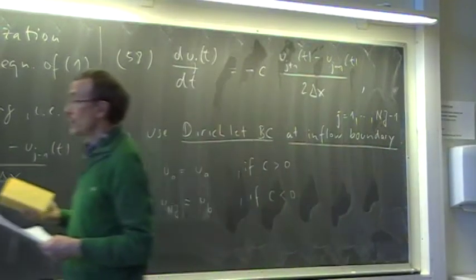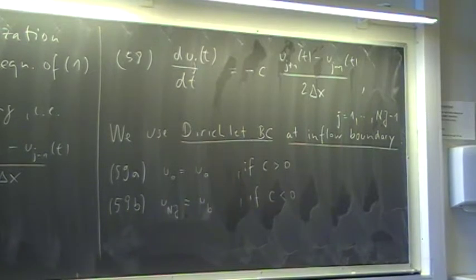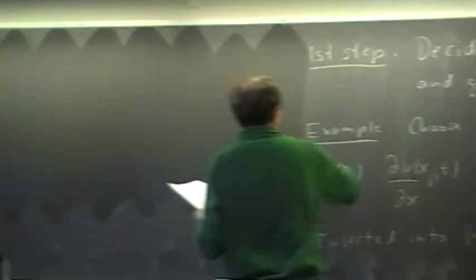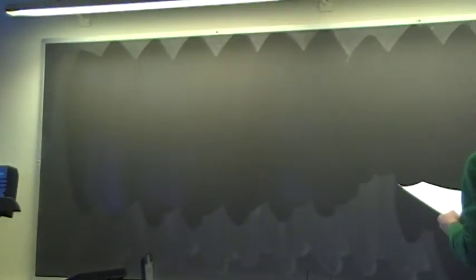That is, by the way, also something you have to think of when we do the Lax-Wendroff or the Lax-Friedrichs method. But we said already what we do there, or what we can do. We can use the explicit upwind method at the outflow boundary.